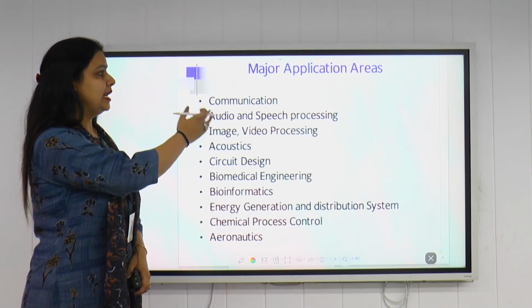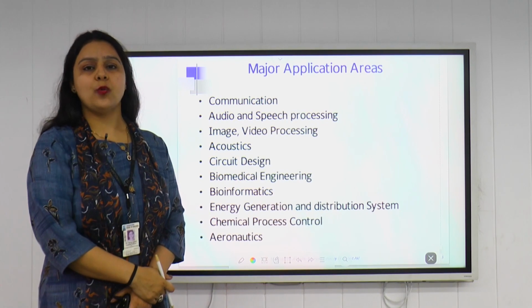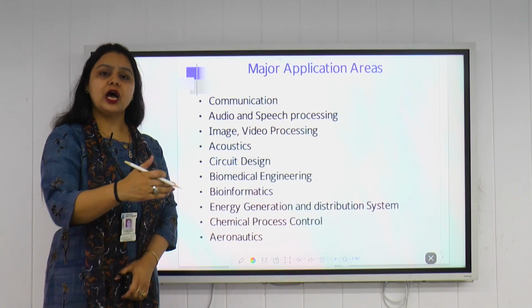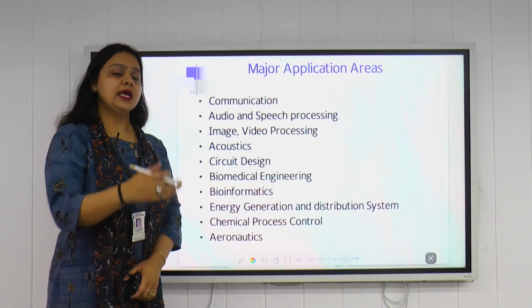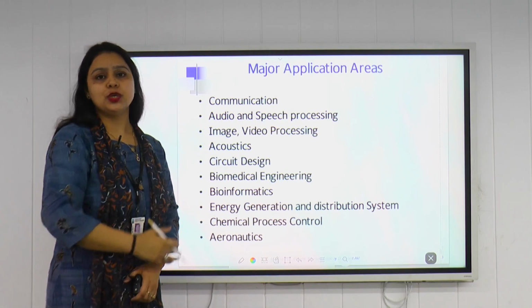All these are not only limited to these application areas; we have so many areas nowadays where signal system is being used as a major concern. Without the knowledge of the signaling system, it is not possible to go through these particular application areas.